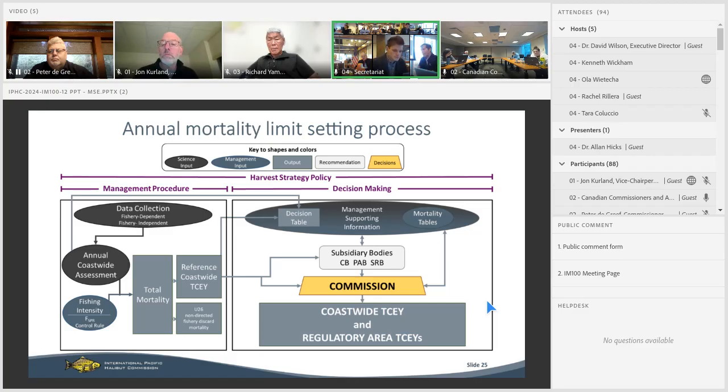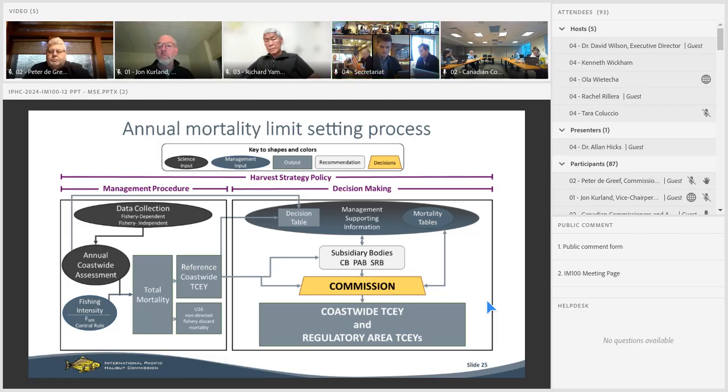But sort of that input into the process is this reference TCY. That would be the starting point, you might say, or the point for which you sort of strive to achieve, but you may not be there at that time. So you'd keep your flexibility.